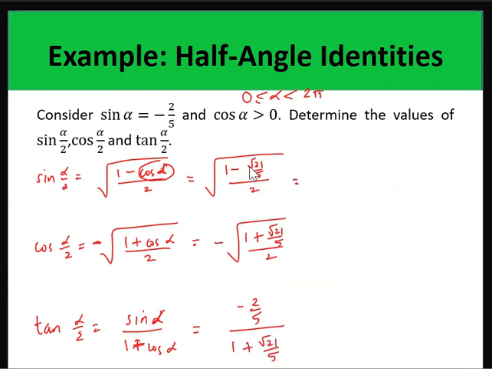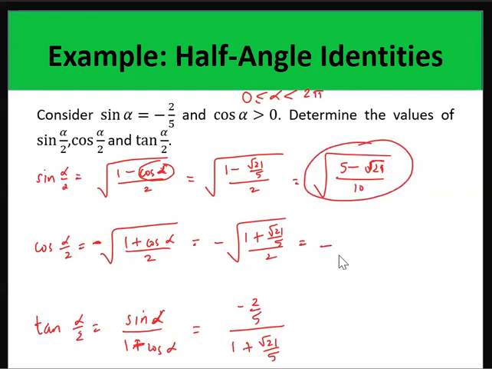So simplifying further here, we get this one is square root of 5 minus square root of 21 over 10, and then we can leave this as our final answer. And then this one will be negative square root of 5 plus square root of 21 over 10.